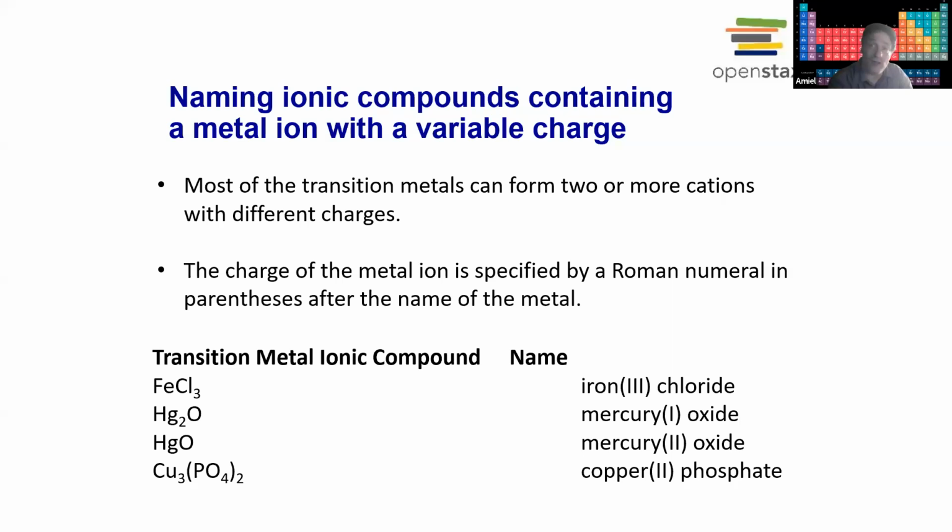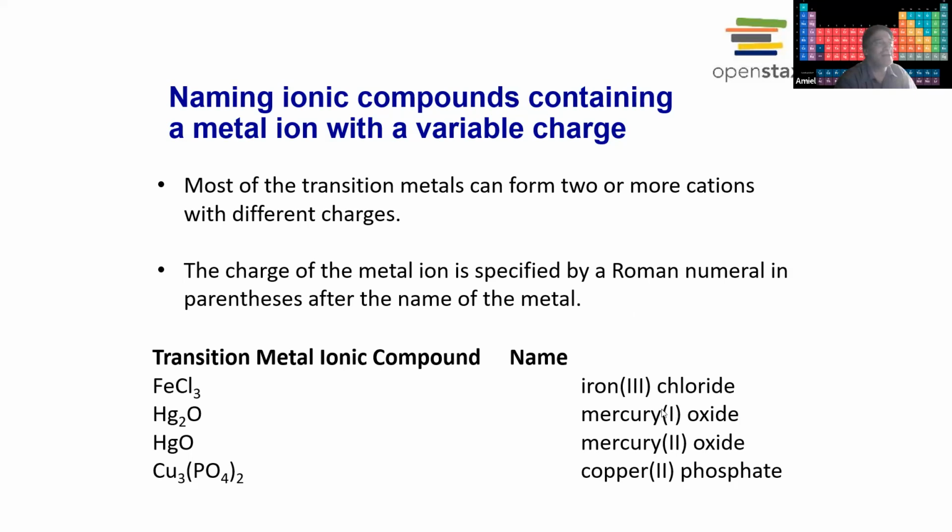Copper can either be a +1 or a +2. And so to represent that, we use Roman numerals. So when you say iron 3 chloride, that means that iron is in the +3 state, and the formula would be FeCl3.